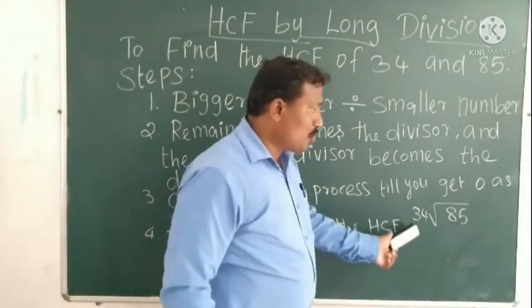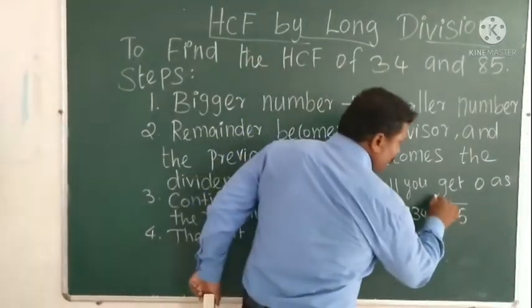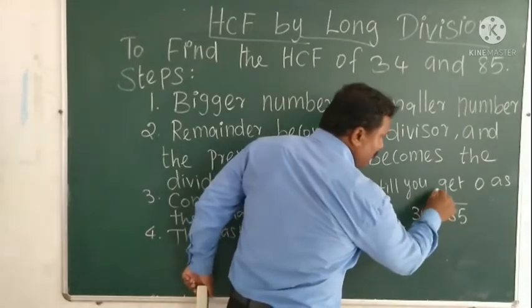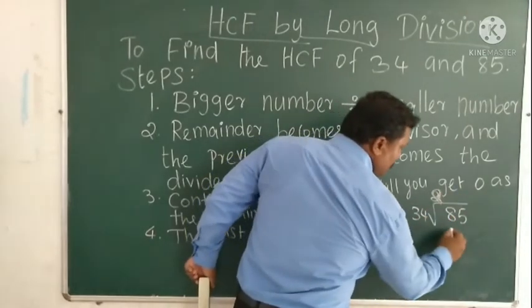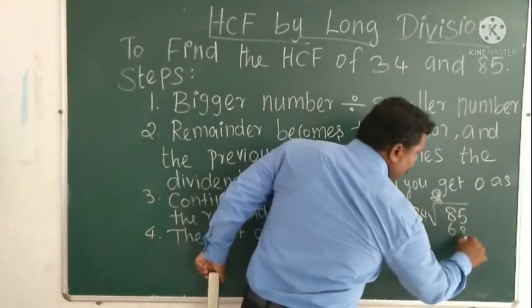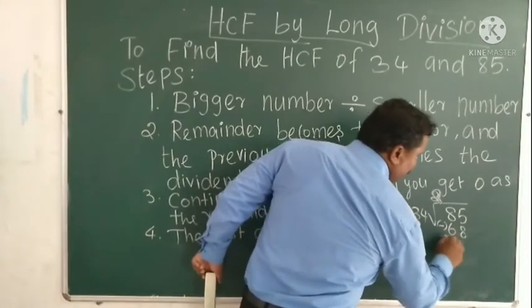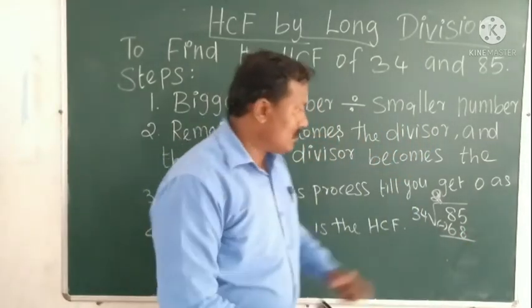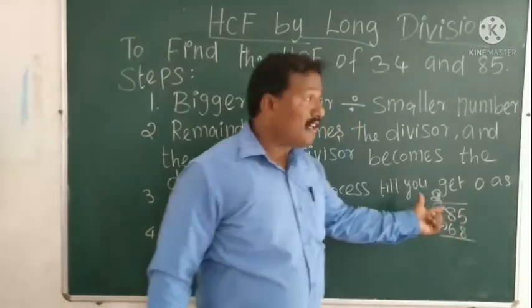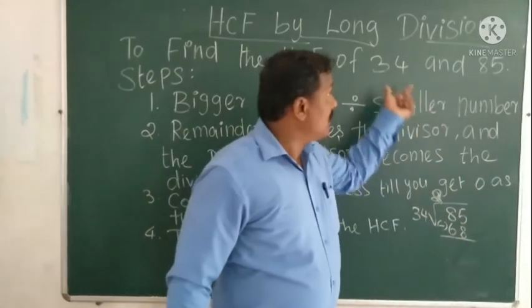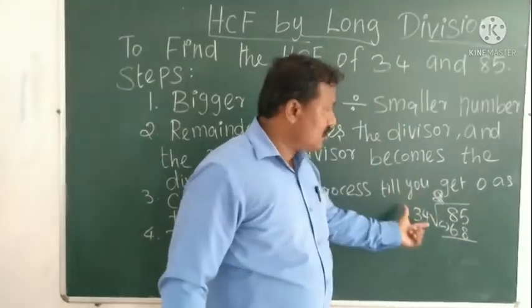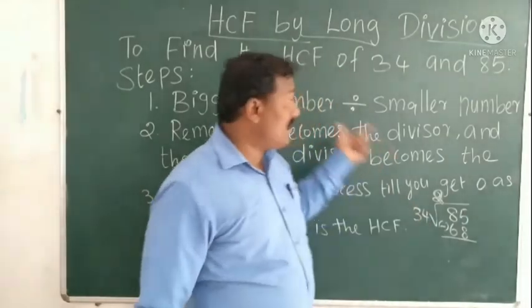So two 34s are 68. Now we have to subtract. 85 is the big number, so I take it as the dividend; 34 is the small number, so I take it as the divisor. That's the first rule.